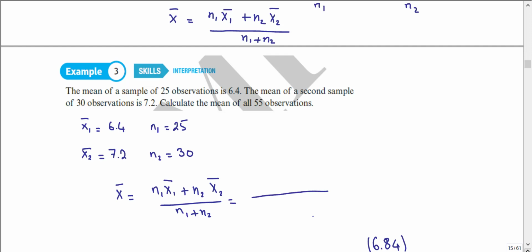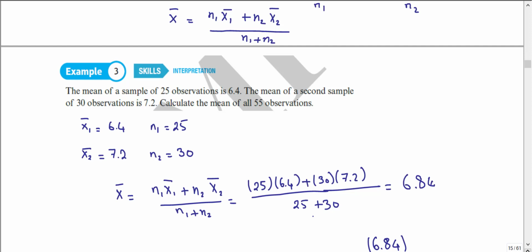It's just very simple substitution. n1 is 25 times x1, which is 6.4, plus n2, that's 30, times 7.2, divided by n1, which is 25, plus 30. Work this out, you will get 6.84. You get this?